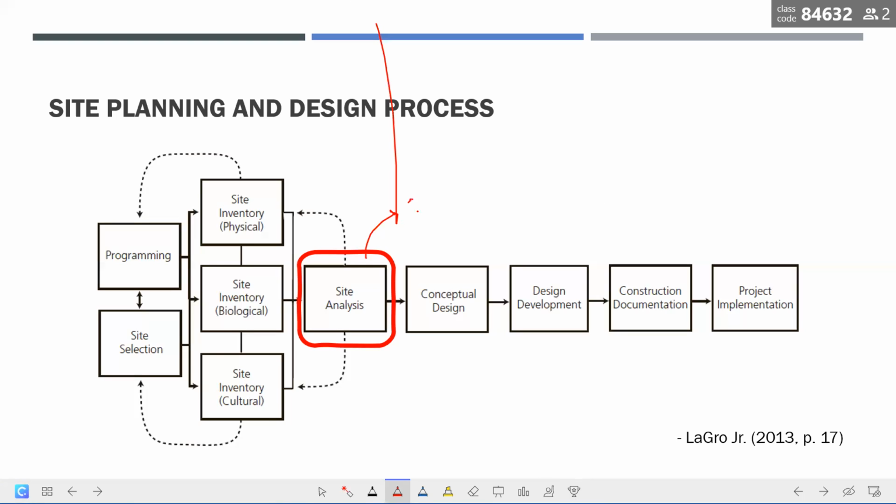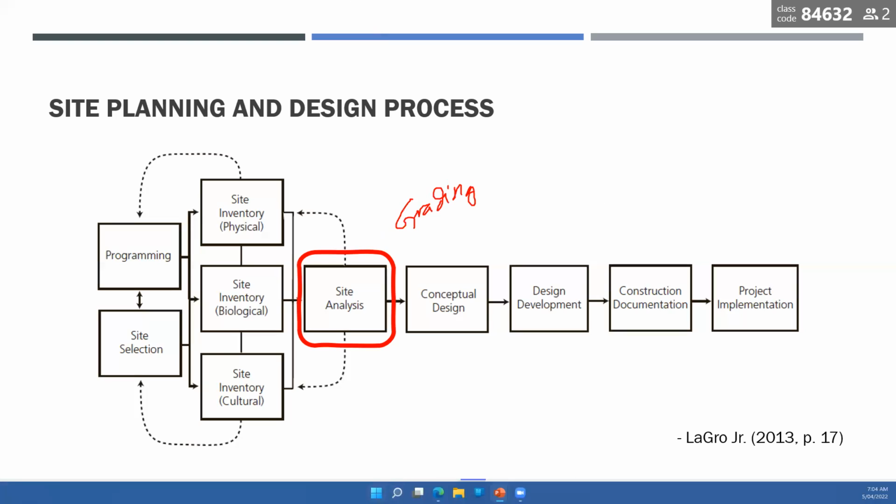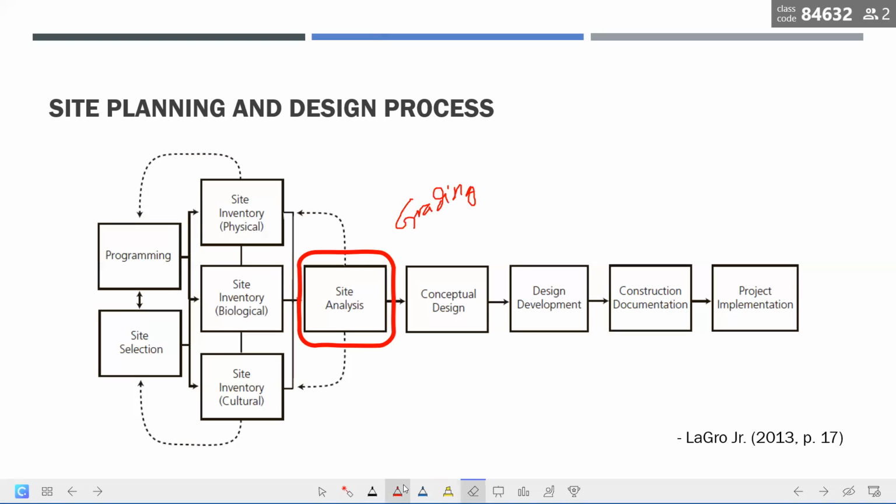And grading is, in fact, quite a prominent part of site analysis, because we are dealing primarily with sites that have contours. We're not in site planning. In site planning, ideally, you have a case study that has a bit of a contour rather than a totally flat piece of site or land to build with.